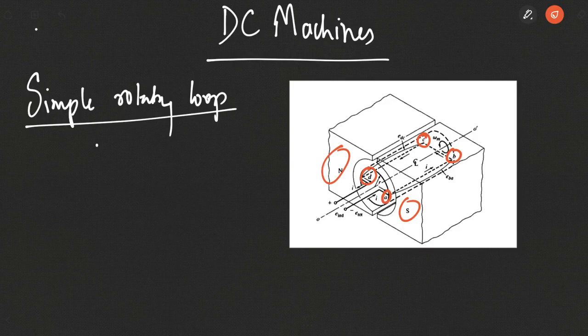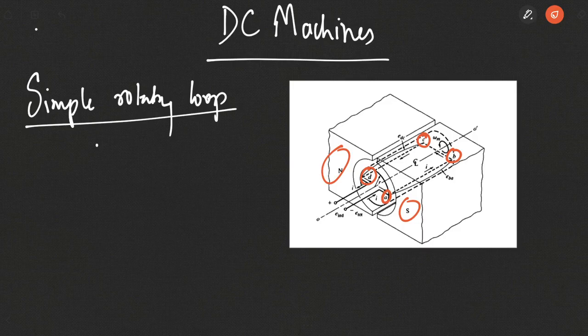The same coil, if we rotate it by some mechanism within this magnetic field, a voltage will be induced in these coils, and we'll be able to obtain DC voltage by using a proper arrangement from this set of coils. So the same rotating loop, the same single loop of coil placed in the magnetic field, can be used as a motor as well as a generator.